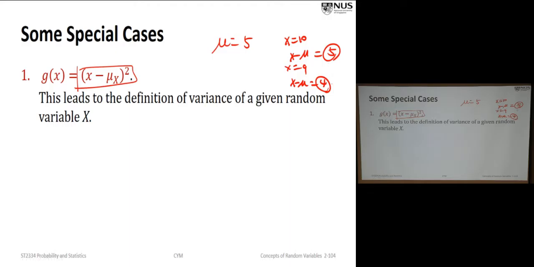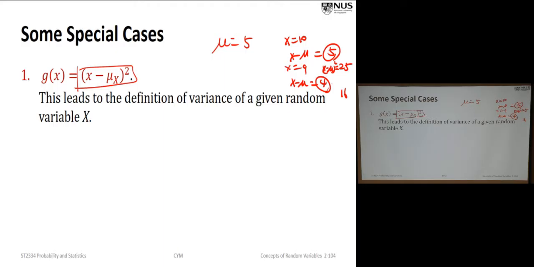But let's consider the squares. This is 25. The square of the difference, x minus mu squared, is 16. 16 and 25 is quite a big difference, right? It's almost only 2/3 of the original one. All right? So it enhances the difference. If the difference is big, it becomes even bigger. All right, you square it.